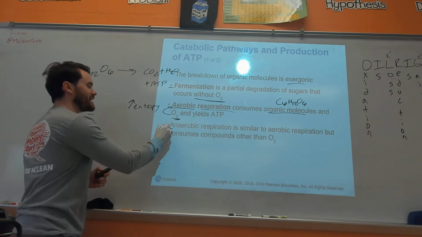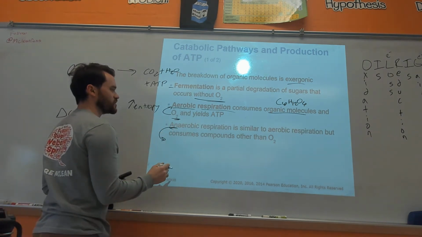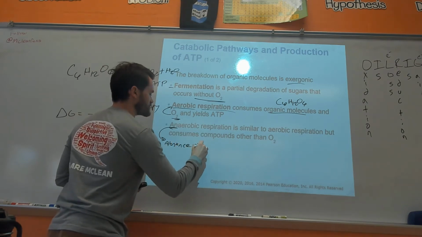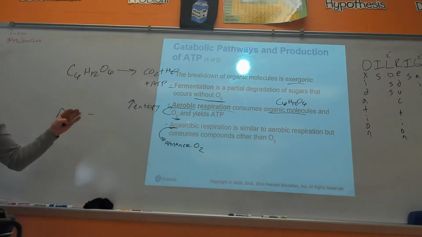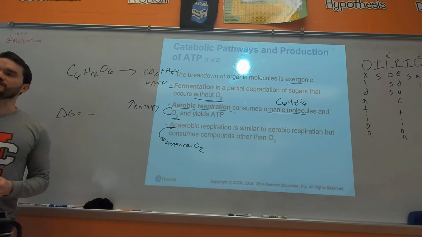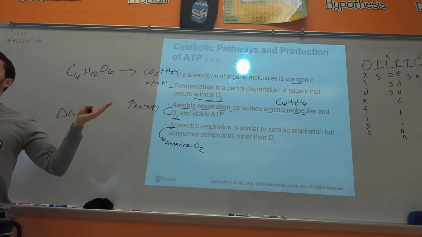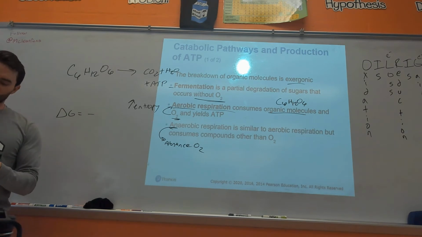Anaerobic, that AN means the absence of, so in the absence of oxygen. So how do we break down fuels without oxygen? Fermentation and anaerobic respiration are very similar processes, and I'll show you those reactions later in chapter 7.